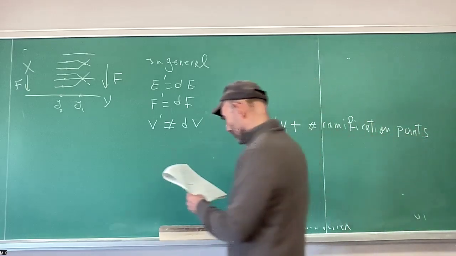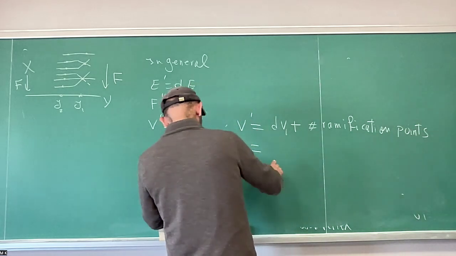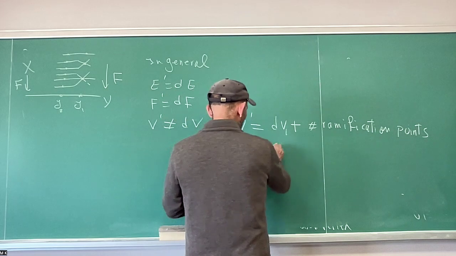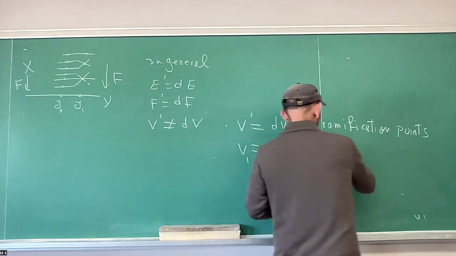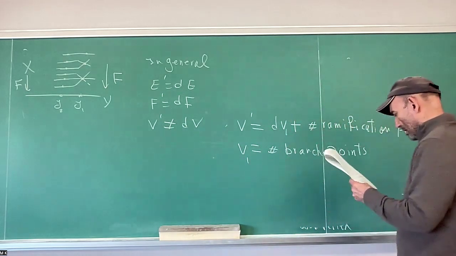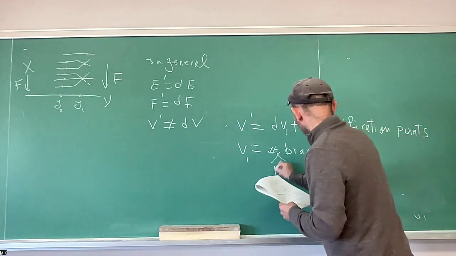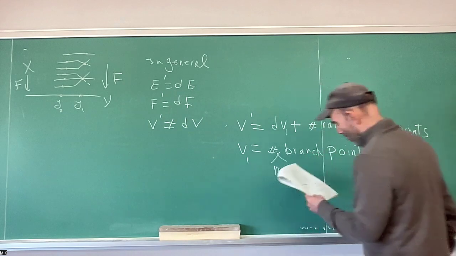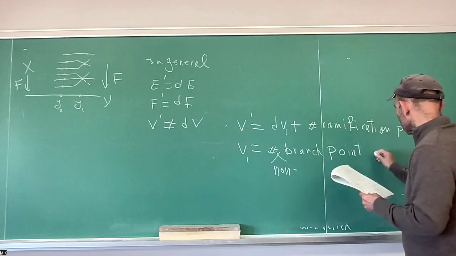Okay, so what is V prime? So this V1 is the number of branch points and non-branch points, vertices.